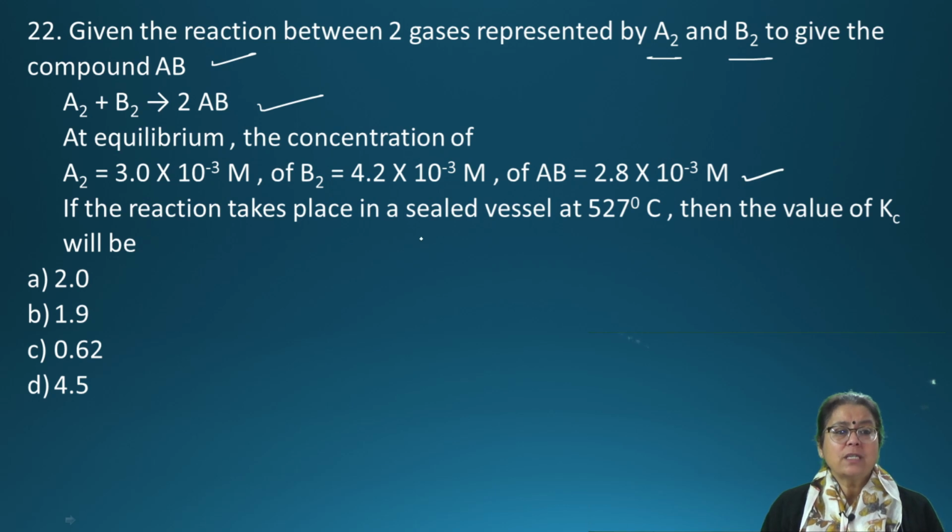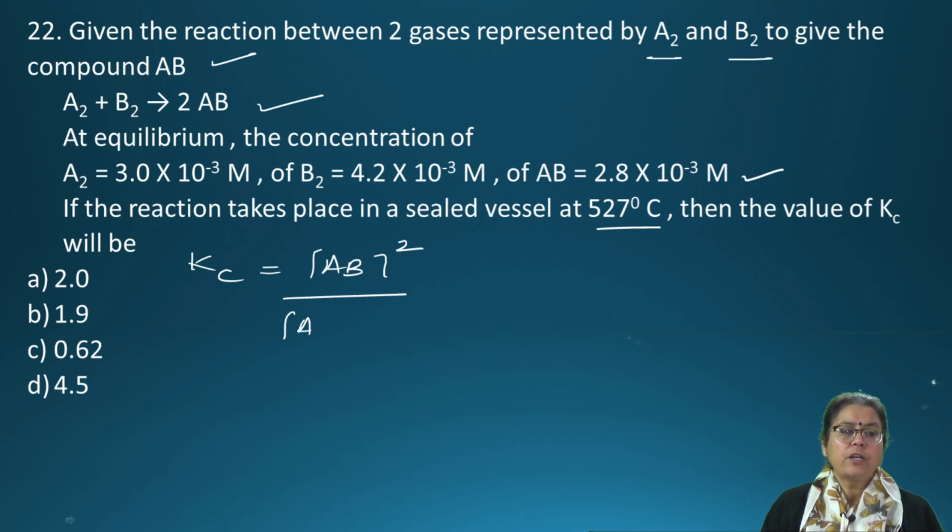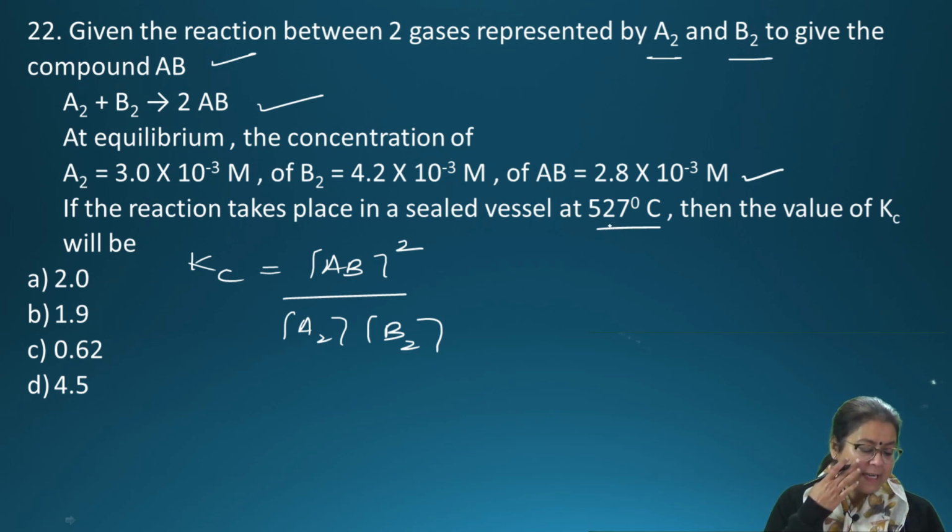If the reaction takes place in a sealed vessel at 527 degrees centigrade, then the value of Kc will be what? तो Kc की value क्या आ जाएगी guys? Concentration of AB का square upon concentration of A2 into concentration of B2, है ना? यही formula है. At 527 degree centigrade दिया है उन्होंने. Okay, so उससे हमको कुछ लेना देना नहीं.